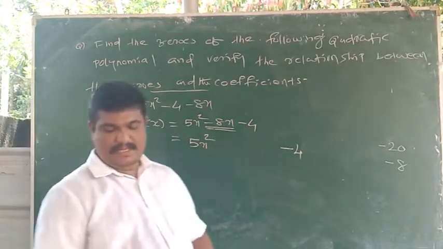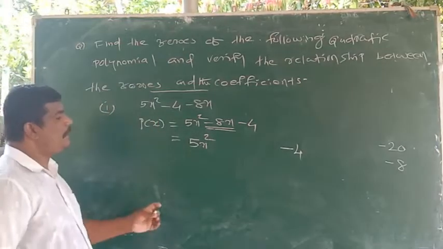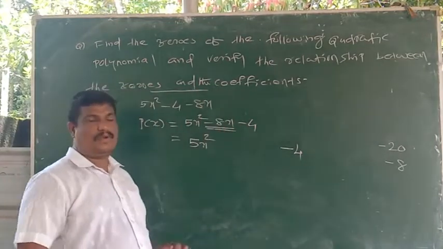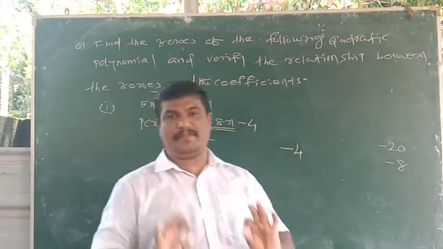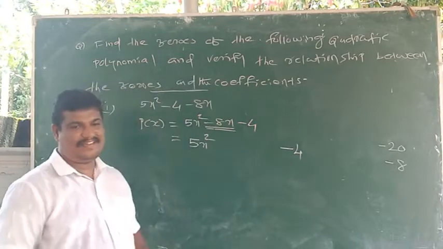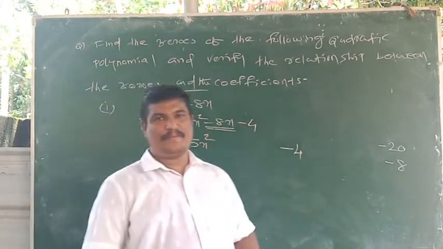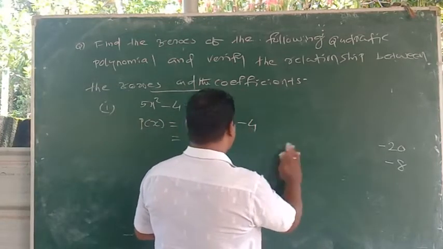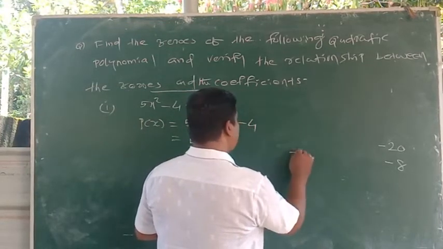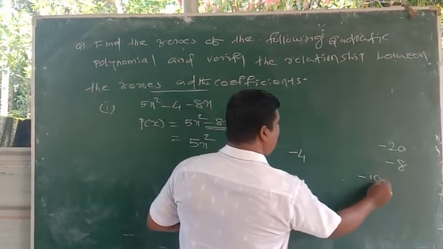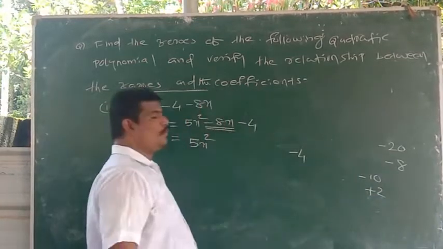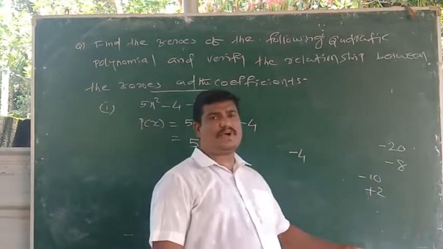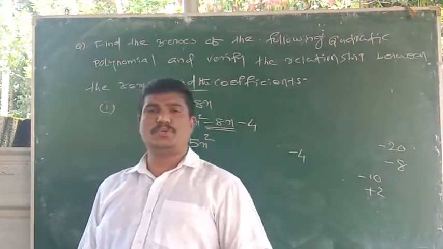Check. Sum is minus 8, product is minus 20. Only two numbers are there. What are the numbers? Here, minus 10 plus 2. What is the sum of minus 10 and plus 2?